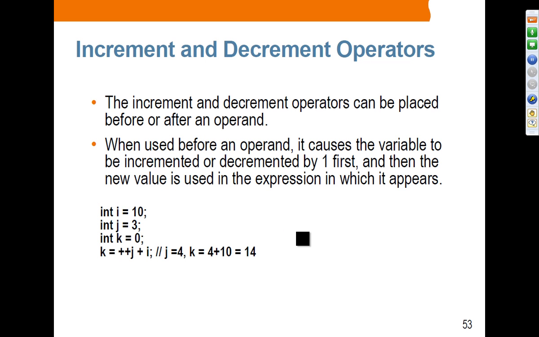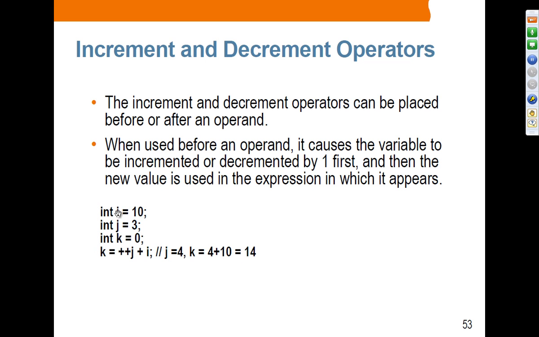All right. Increment and decrement operators can be placed before and after an operand. Okay, so what it means is that you can have this plus plus sign before j or after j, and there is actually some implication. If you have plus plus before a variable, that means it will get incremented first before it is used for computation.